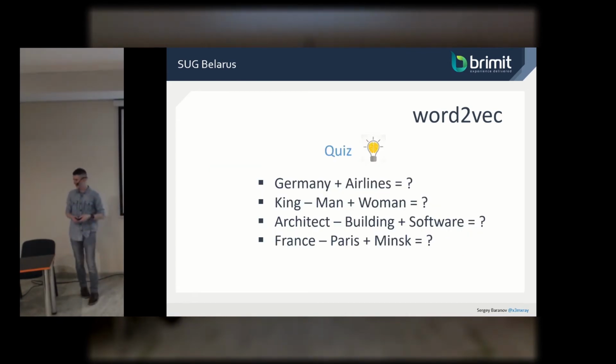Okay, a little quiz. Because we represent words as vectors, we can do all mathematics with words like we can do it with vectors. Could you guess what is Germany at airlines? Okay, any other? So, Lufthansa. Okay, the second one, king, subtract man, add woman.